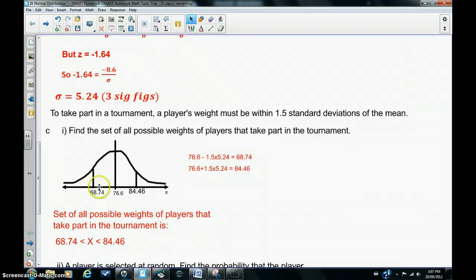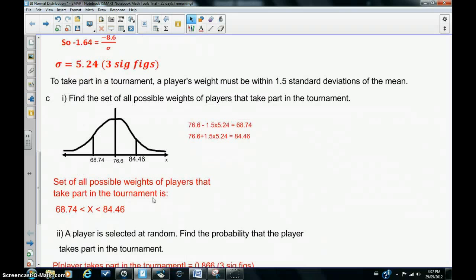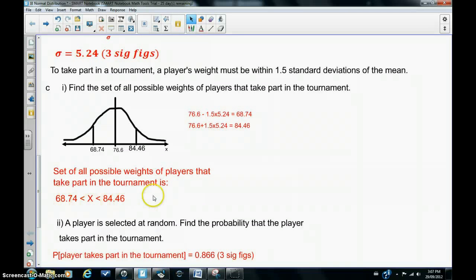And to get the 84.46, I just took the mean value and added 1.5 times the standard deviation to it. So basically, in order for players to take part in this tournament, their weights must be between 68.74 kilograms and 84.46 kilograms. So that's been summarized here.